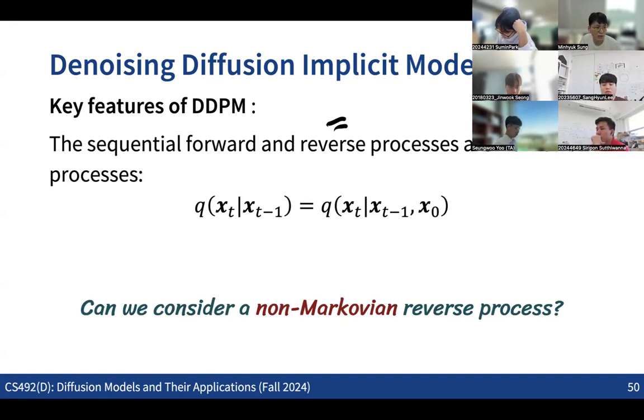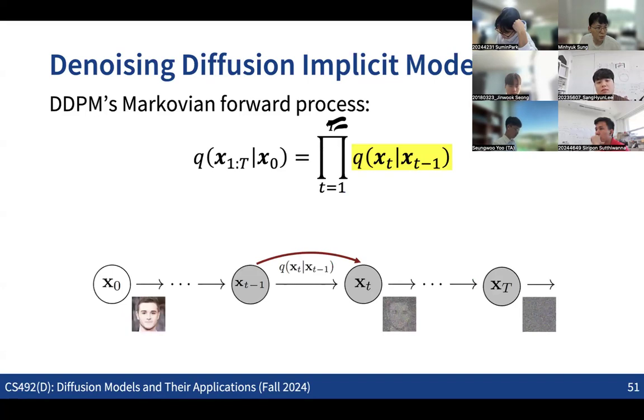If we get back to the DDPM, the forward process was defined like this. Starting from x0, we sample x1 from x0, and also sample x2 from x1, and repeat this process with the predefined forward transitional distribution, which is the conditional distribution sampling xt from xt minus 1.